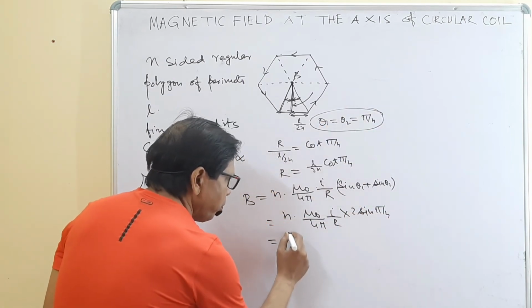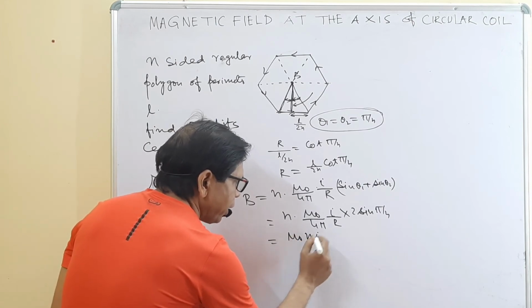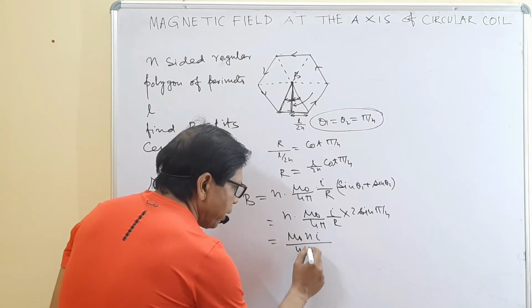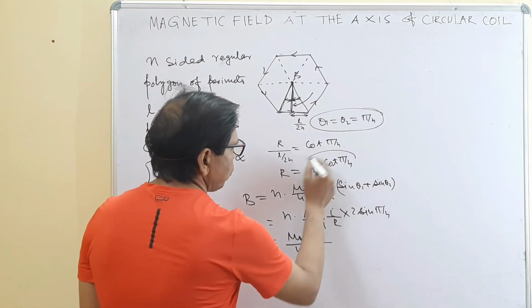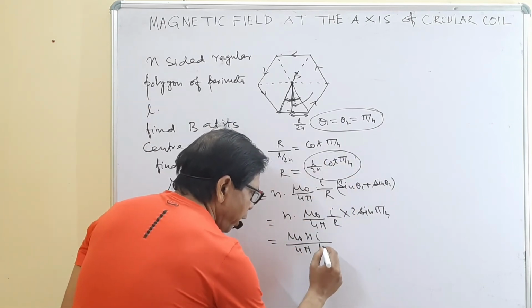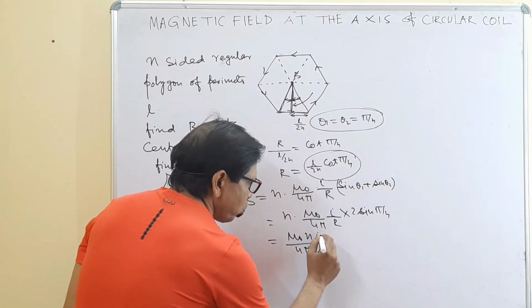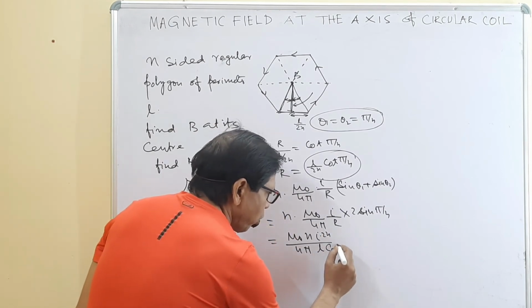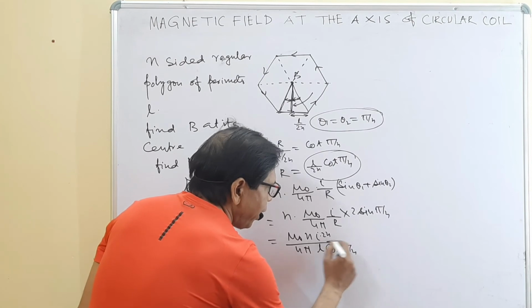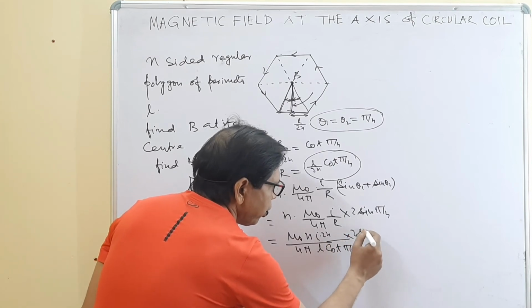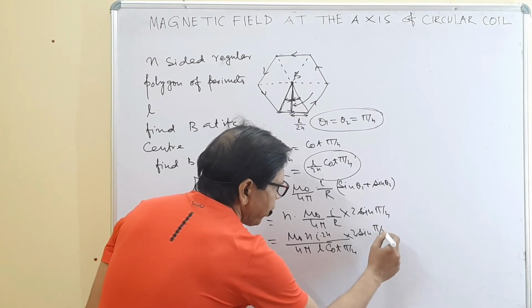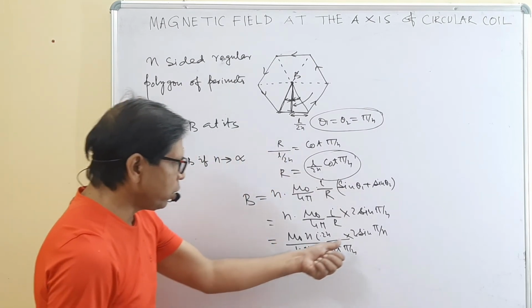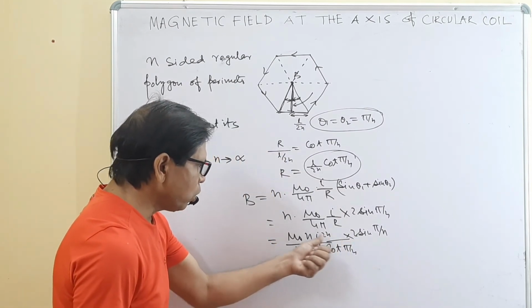Now this is mu naught n I by 4 pi. Look at this, R equals L by 2n, so 2n is in the numerator, and this is cot pi by n, and this is 2 sine pi by n. This is the 2 and this is the 2, so 4.